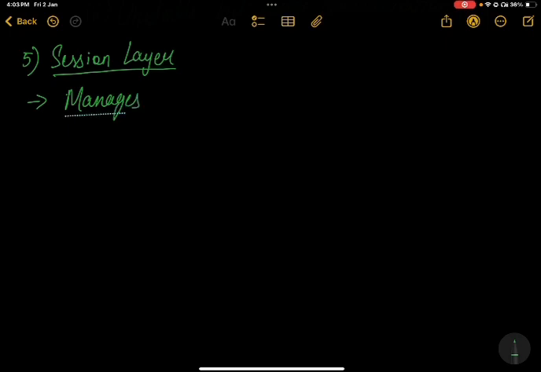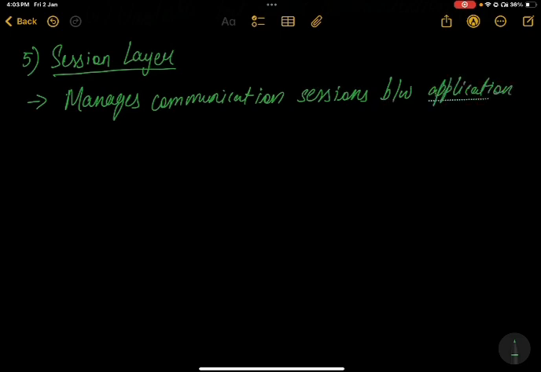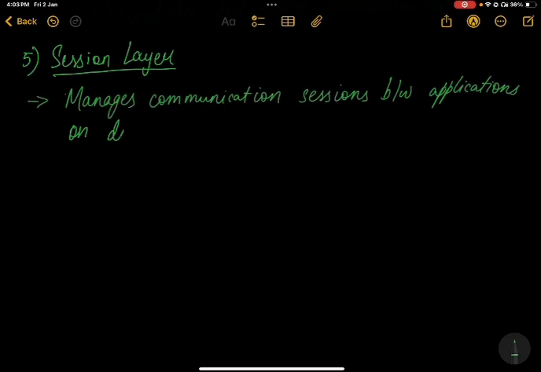The fifth layer is the session layer. This layer manages communication sessions between applications on different devices.